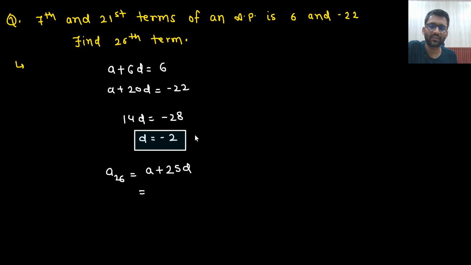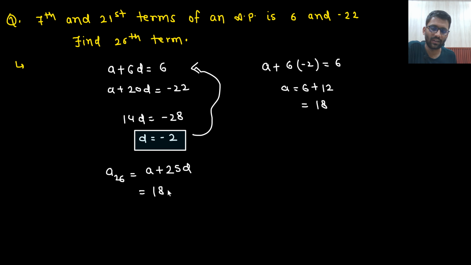And if d is minus 2, put that here. a plus 6 into minus 2 is equal to 6. So a will be equal to 6 plus 12, that is equal to 18. So a26 is 18 plus 25 into minus 2. So 18 minus 50.